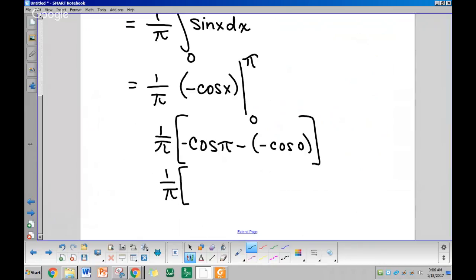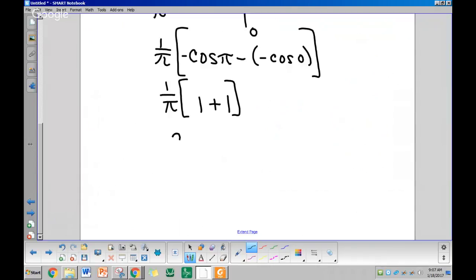It is negative 1, so negative negative 1 is 1, minus, negative cosine of 0, which is negative 1, so plus 1. Plus 1, yes. So that turns out to be 2. 2 over pi is the average value.